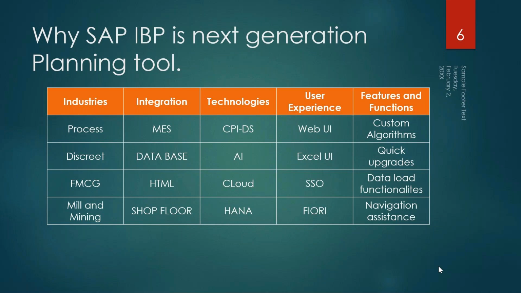And then we have AI, as I was mentioning, which is a cloud by itself, and also HANA. These are the different technologies by which it is able to make integration possible. So we can connect this SAP IBP system. We speak about HTML screens? Yes, it is possible. You want to connect it to the shop floor with different MES systems, or we speak about on-premise cloud systems, it is possible.